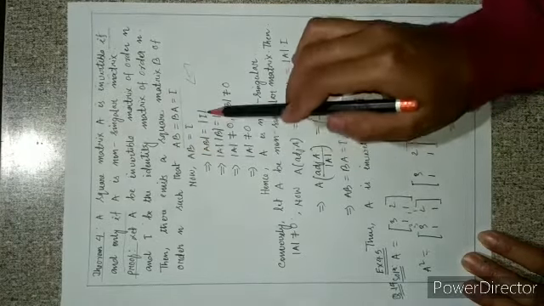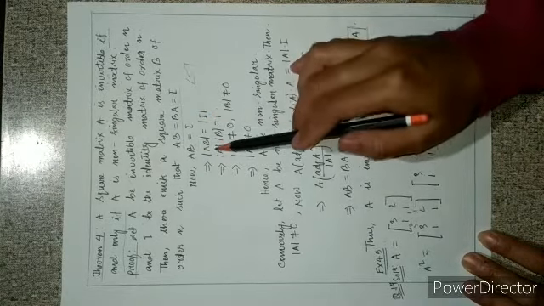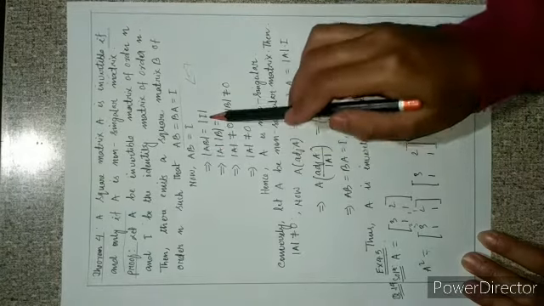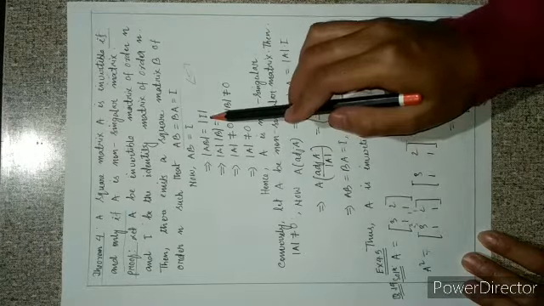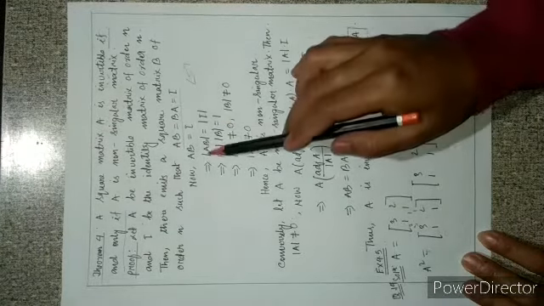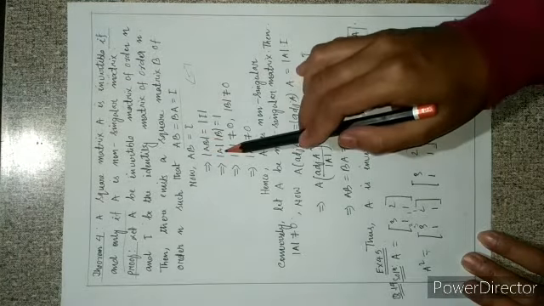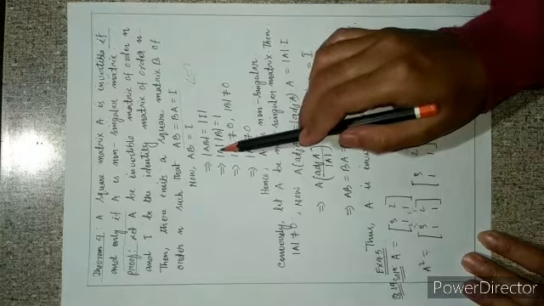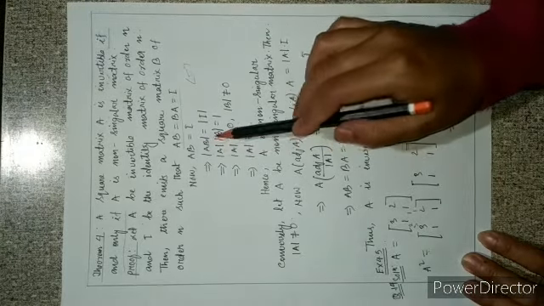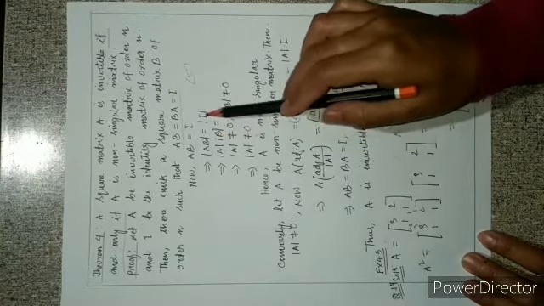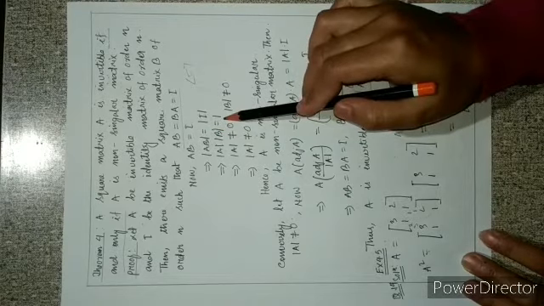Then taking determinant on both sides of the matrix equation, we have determinant of AB is equal to determinant of I. By theorem number 3, the determinant of the product of any two matrices is equal to the product of their corresponding determinants. So determinant of A into determinant of B is equal to determinant of identity matrix, which is equal to 1.